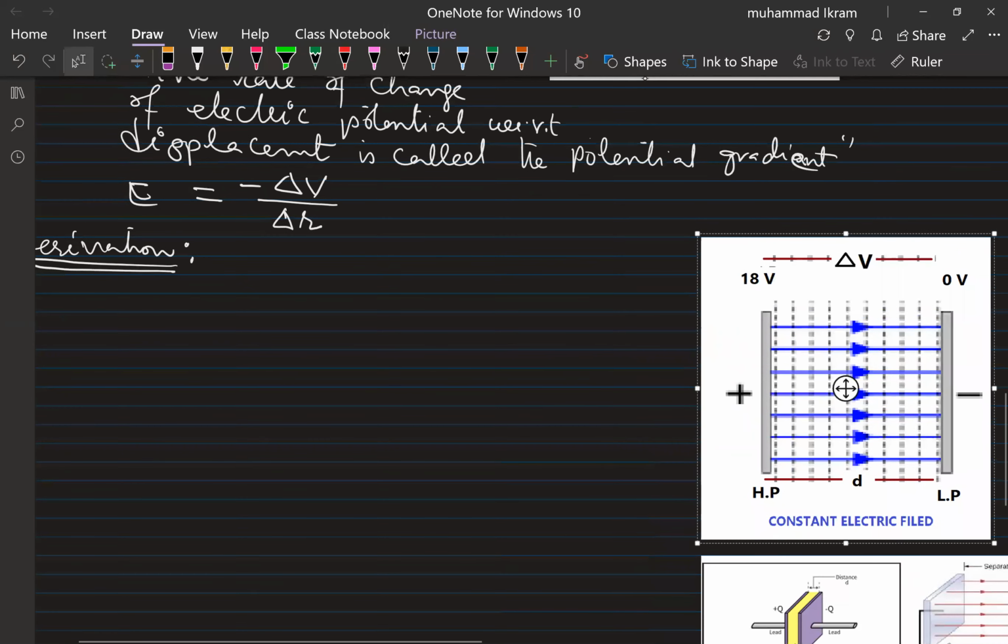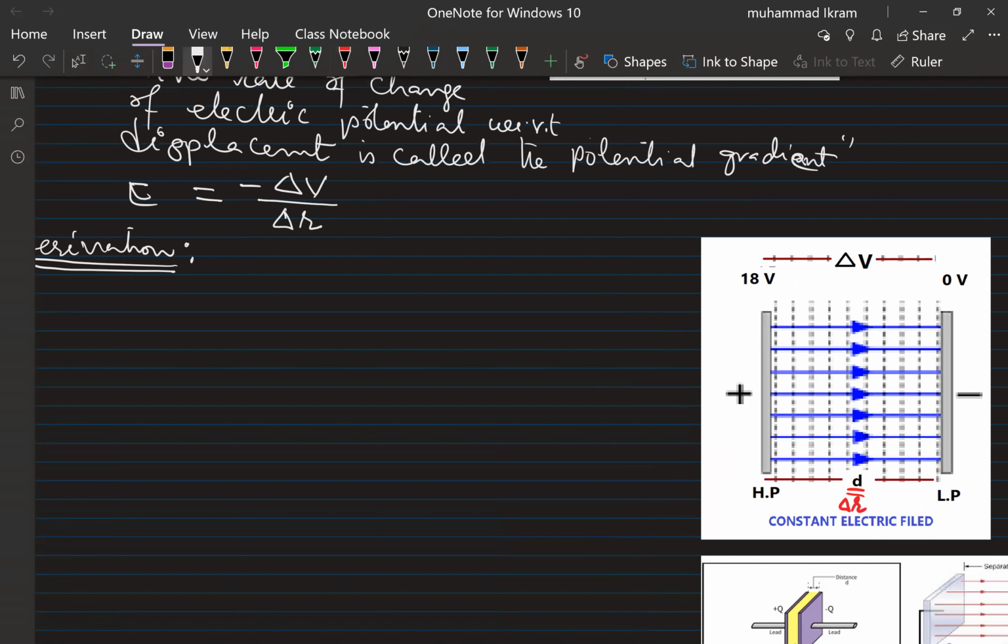We want to derive this relationship. So let us consider a charge Q naught. I want to move a charge Q naught between any 2 points inside the electric field. For my convenience, I would like to represent this displacement by delta r, the smaller distances.